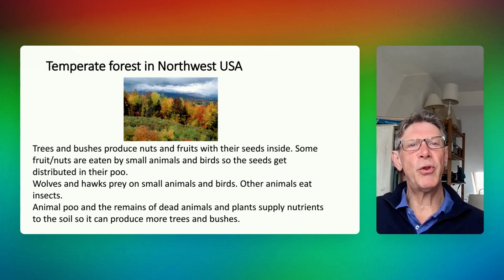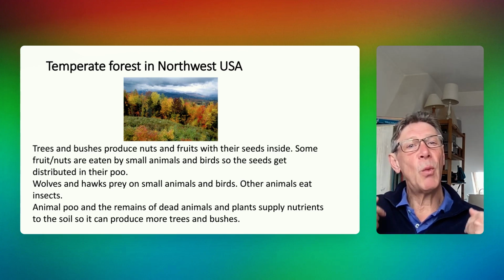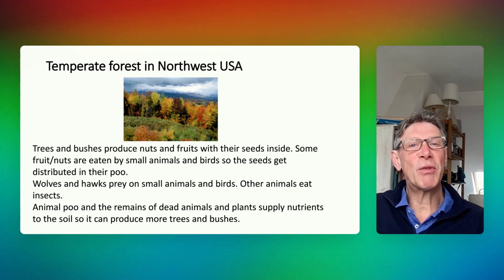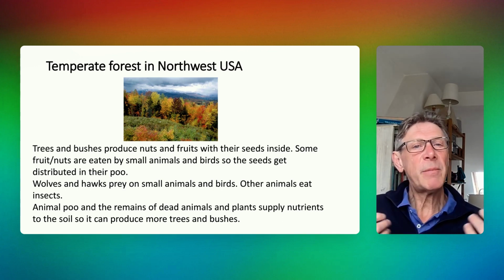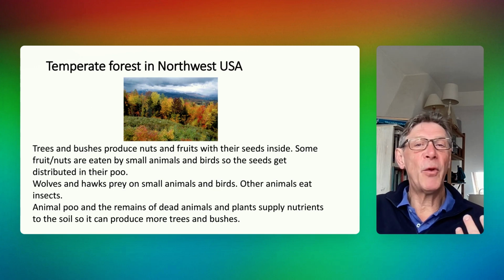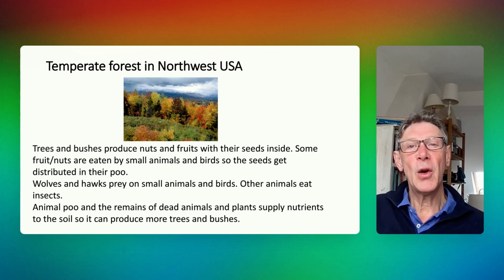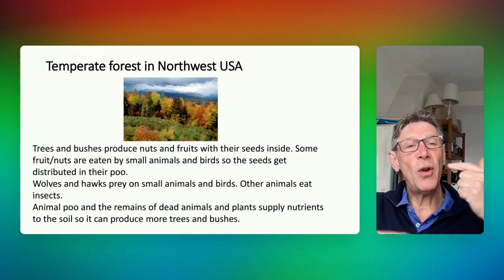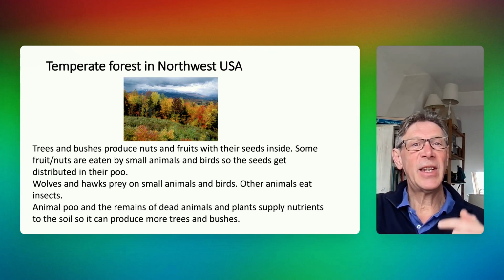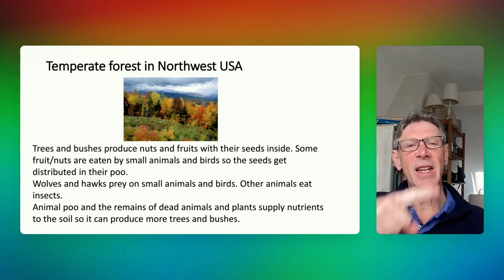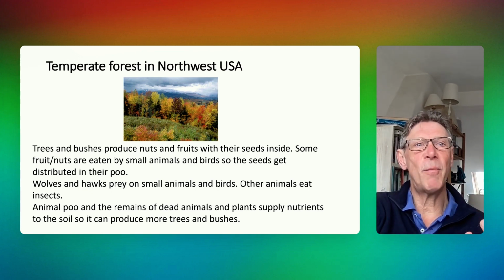More trees and bushes produce more nuts and fruits, which mean that more animals and birds can survive and thrive and eat those nuts and fruits and produce seeds and distribute those seeds in their poo. And the wolves and the hawks can prey on these small animals and birds, eat them. Those small animals and birds, before they're eaten, as well as eating nuts and fruits, will eat insects. And all of these will work together to keep this a self-sustaining circle of life going. That is an example of an ecosystem.